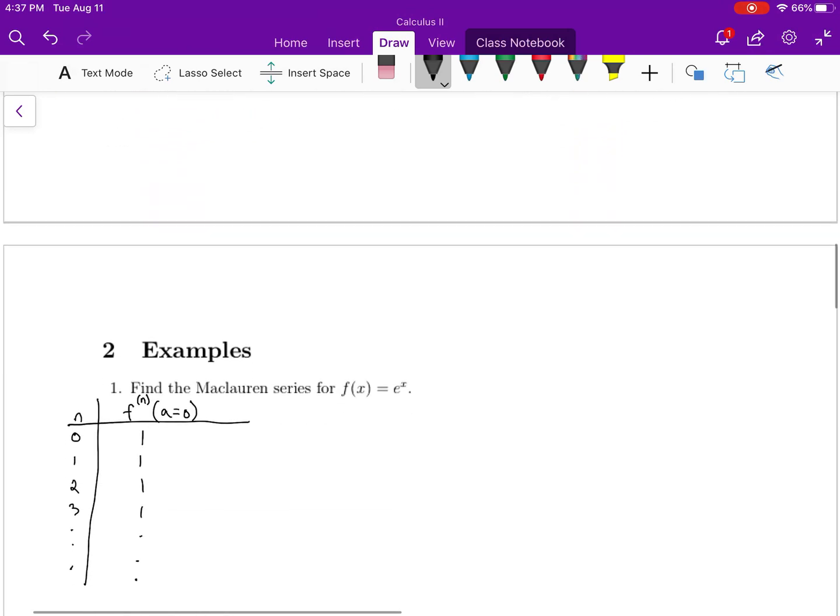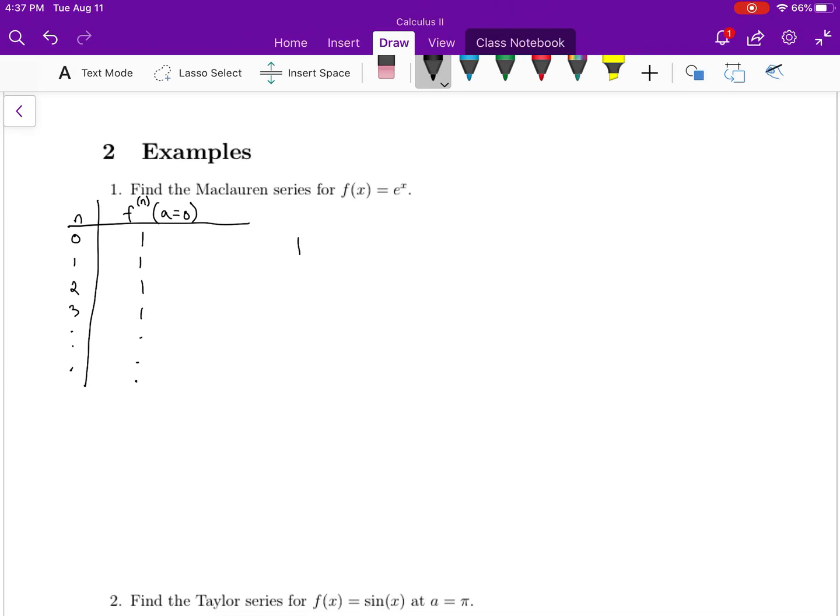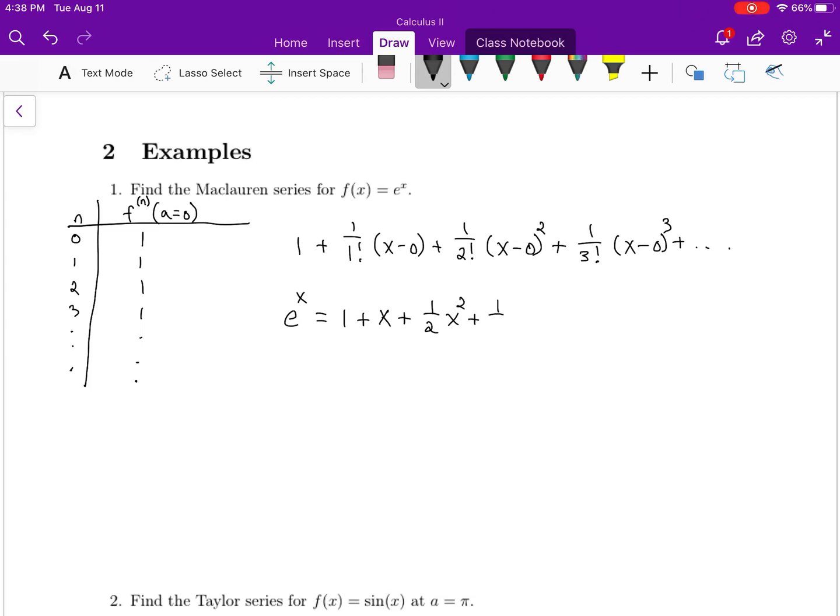And so according to the series expansion, we have f of a, plus the first derivative over 1 factorial times x minus 0, plus the second derivative over 2 factorial times x minus 0 squared, plus the third derivative over 3 factorial times x minus 0 cubed, which means that e to the x's Maclaurin series expansion is 1 plus x plus 1/2 x squared plus 1/6 x cubed, onwards.